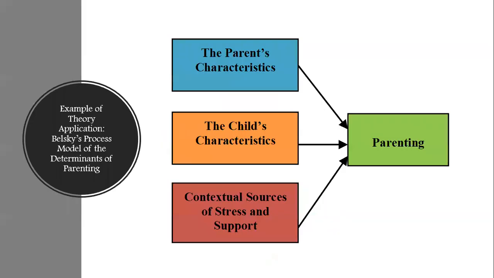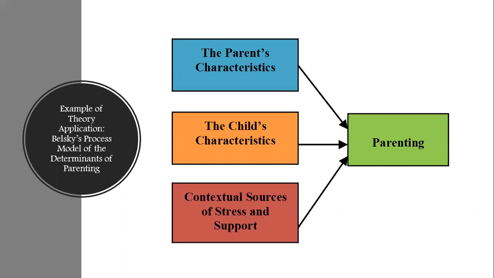I mentioned this a couple of videos ago, and how one of the studies that I've conducted in the past was largely shaped by theory. There was a particular theory that I found within the literature called Belsky's process model of the determinants of parenting. This is the original model.